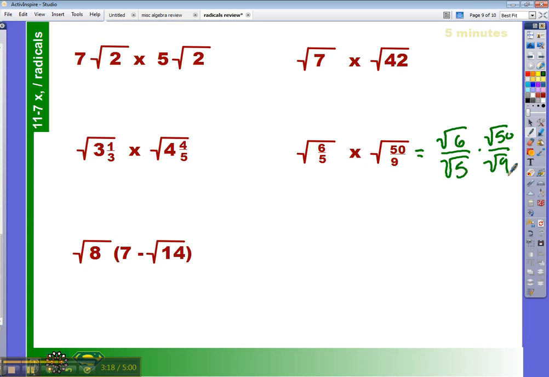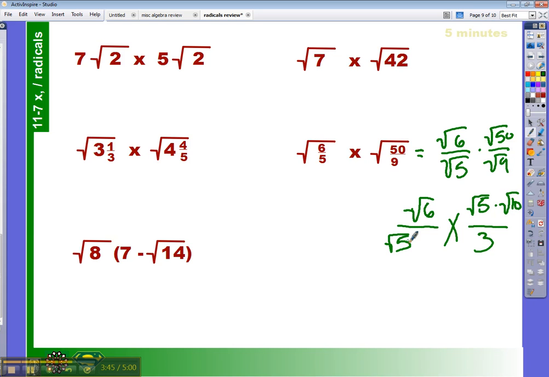Well, what is the square root of 9? 3. So we have 3. What's a way that I could break up the 50? Paying particular attention to this term here. The square root of 5 times the square root of 10. And that's over the square root of 5. Or sorry, square root of 6 over 5.